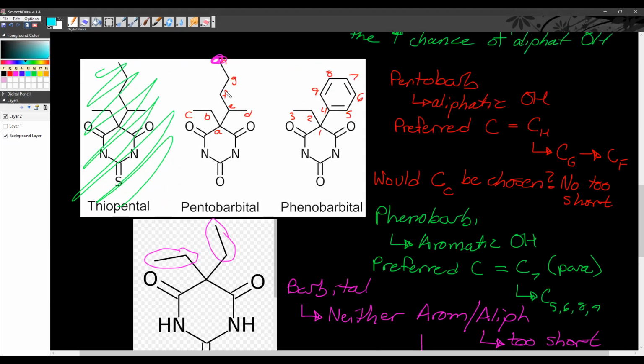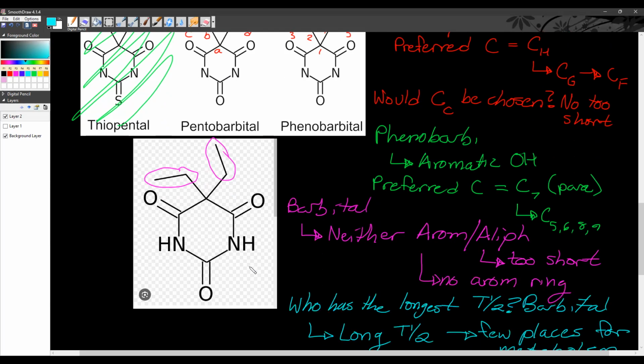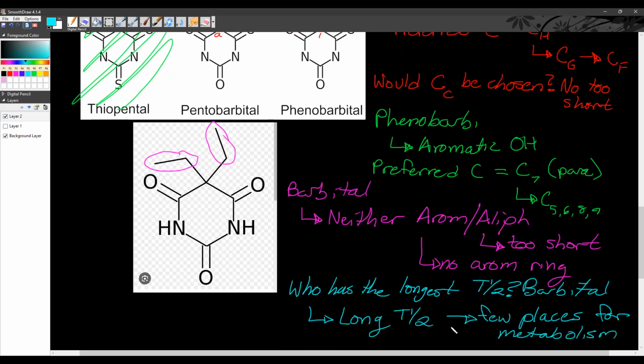Pentobarbital can be metabolized by aliphatic, phenobarbital can be metabolized by aromatic, but barbital has neither. So which one would hang around longest in the body? It would be barbital, because it cannot undergo those two kinds of metabolisms. Does that make sense? Any questions about this?